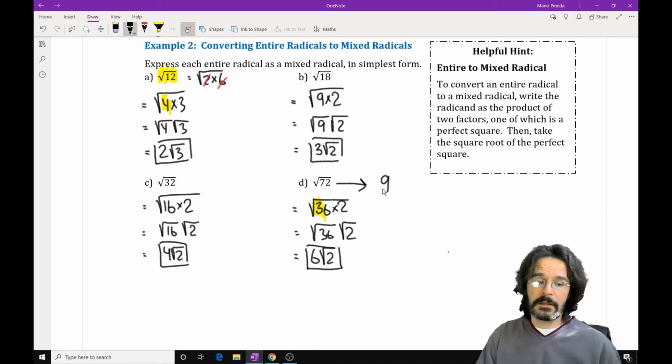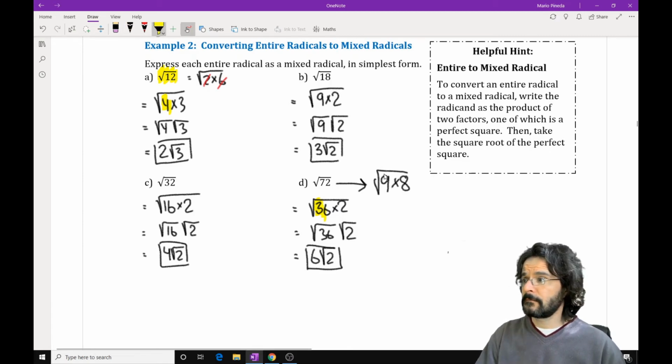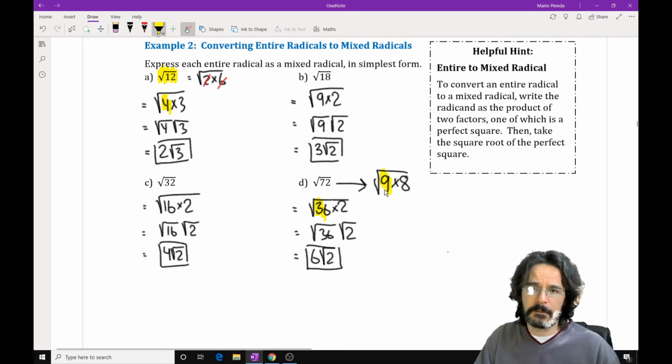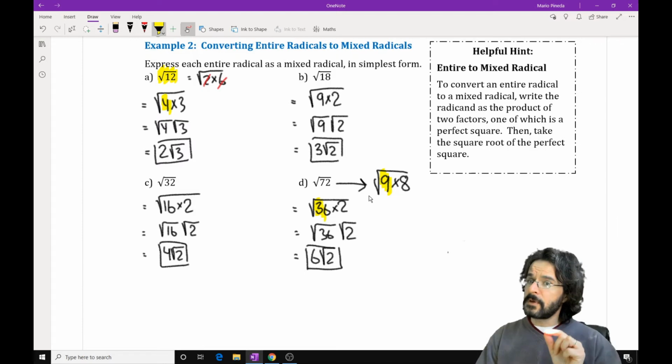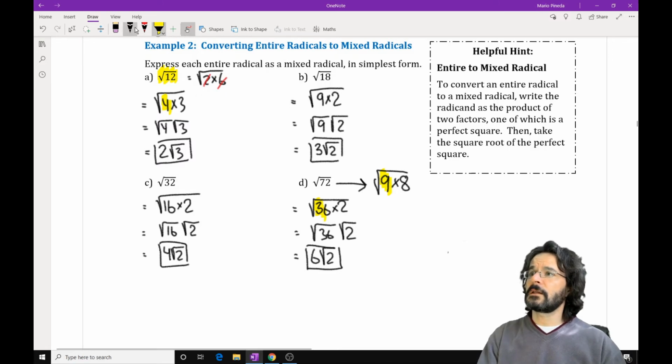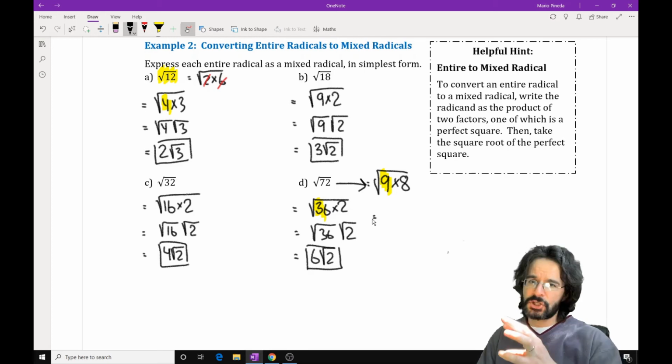All right? 9 times 8 is 72. And 9 is a perfect square. Okay, we can do it this way. 9 is not the biggest perfect square that can be factored out. That's 36. So if we factor out a perfect square that's not the largest perfect square, what's going to happen here is, I'm going to shorten it a little bit.